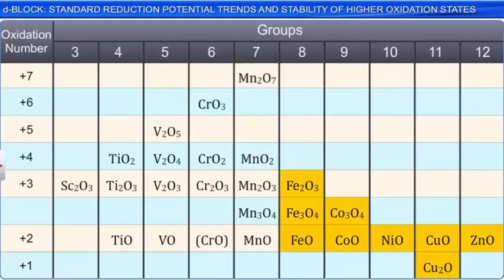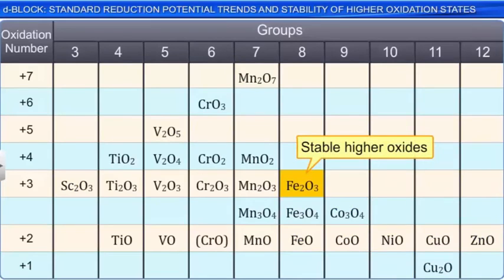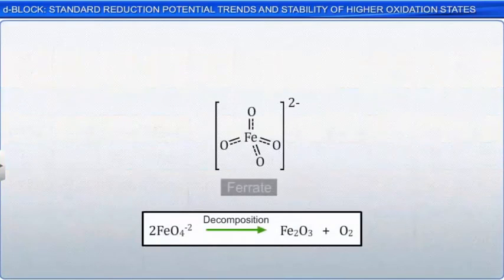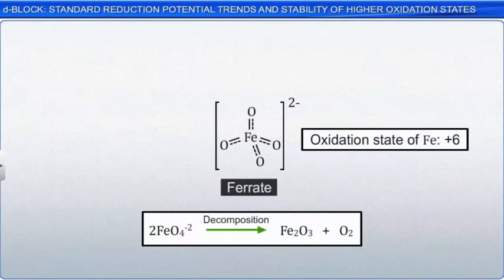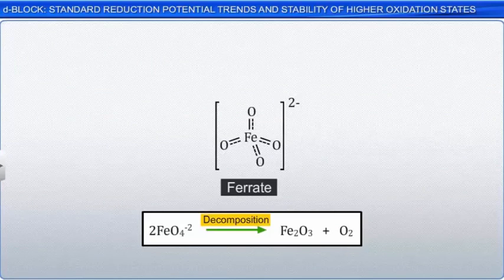No higher oxides are seen beyond manganese. For example, the only stable higher oxide formed by iron is iron(III) oxide. Although iron forms ferrates in alkali media in which iron is in +6 oxidation state, it readily decomposes into iron(III) oxide and oxygen.